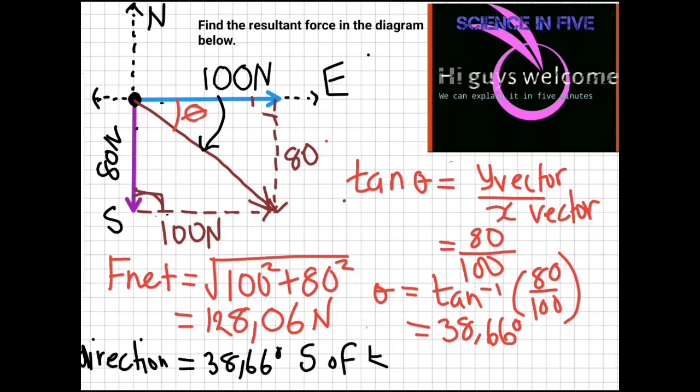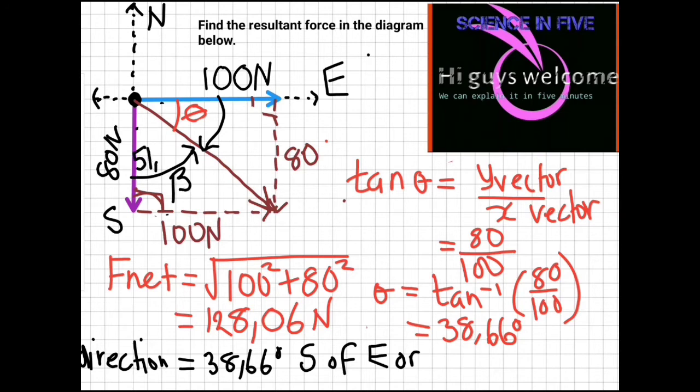Alternatively, you can also measure this angle here by using the idea of complementary angles. If theta is 38.66, what do you think this angle will be? Let's call this angle beta. What will be the size of angle beta? It's going to be 90 minus 38.66, which will give you 51.34.